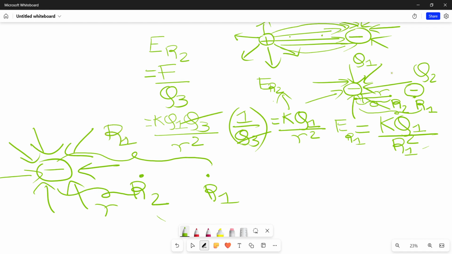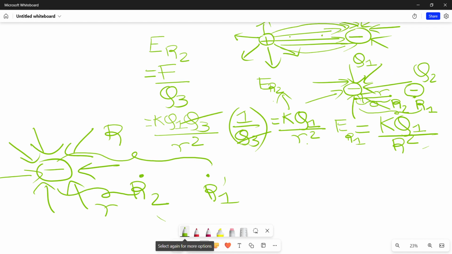So we know that the E field at R2 is KQ1 over R squared, which we solved for. At R1 it is KQ1 over R1 squared, right? Or it doesn't matter, we can just take it to be maybe even capital R, just for it to be a bit more clear. Maybe capital R works, right? Because it's at a greater distance, so it makes sense.